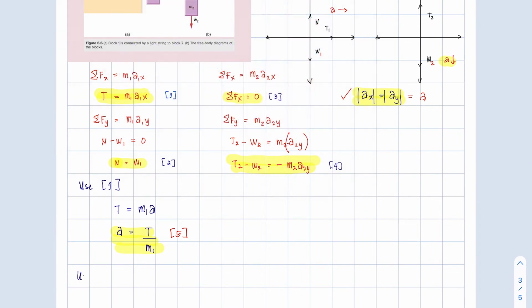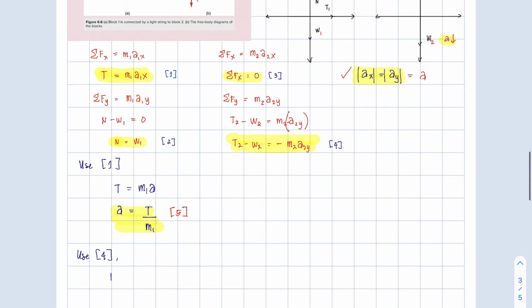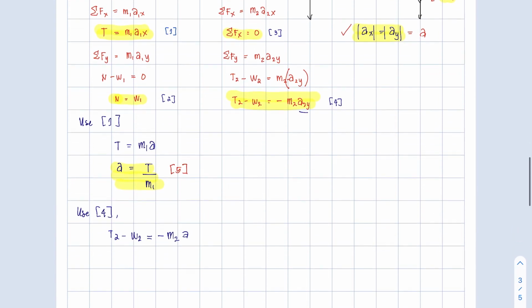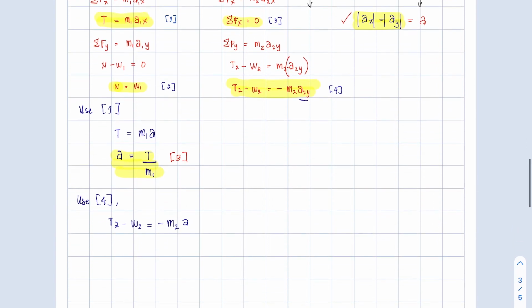Okay, now from this one, I will use equation 4. I used equation 4, class, because I am seeing that there is a T here, or T2. So from 4, I have T2 minus weight 2 is equal to negative M2 A2y, and again the A2y that you are seeing here will just be written as A. The reason is already stated previously.